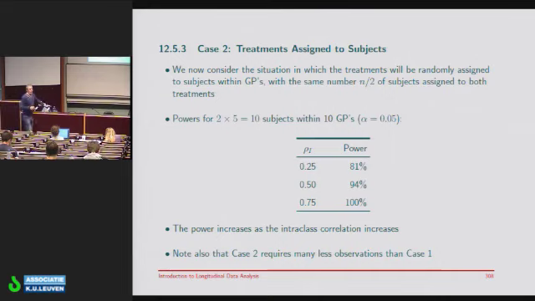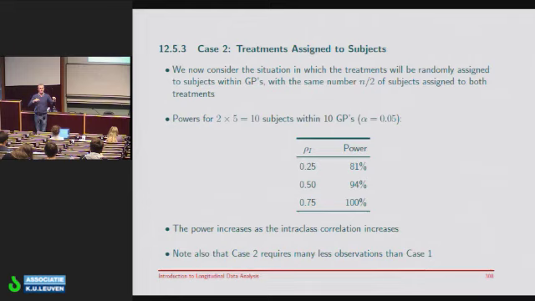Why is that now? Well, the key difference between these 2 scenarios, and why it is that here the correlation is good for us, while in the previous scenario the correlation is not good for us, is the fact that the effect that we're estimating and testing is, in this case, a within cluster effect. It's within the doctors.